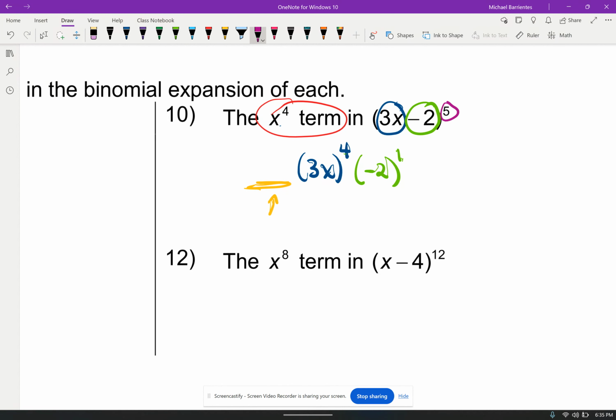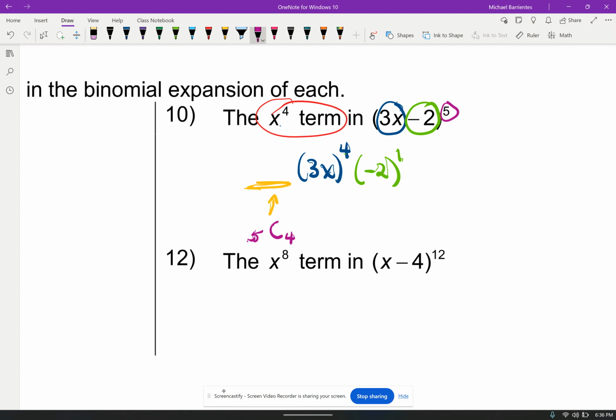If I do 5 combinations where you're choosing 4, that's going to give you the number that goes there. Or the other way to think about it is 5, because that's the original power, combinations of 4, because this is the power of x.